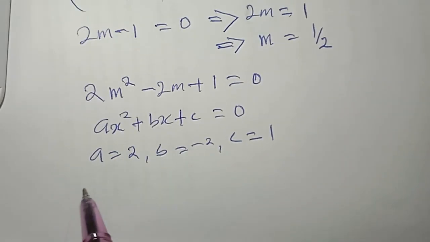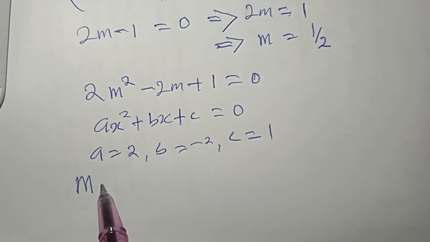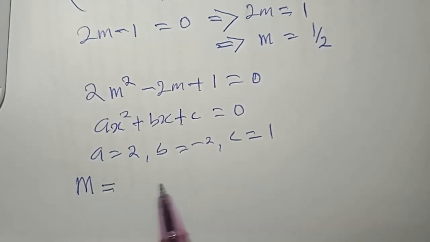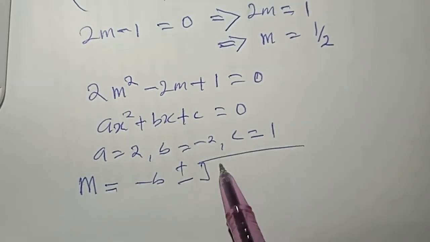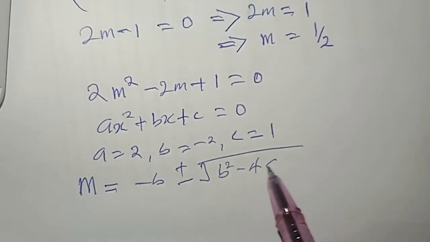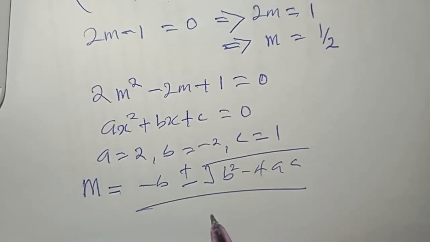And then the formula is going to give us m equals minus b plus or minus the square root of b squared minus 4ac, all divided by 2a.